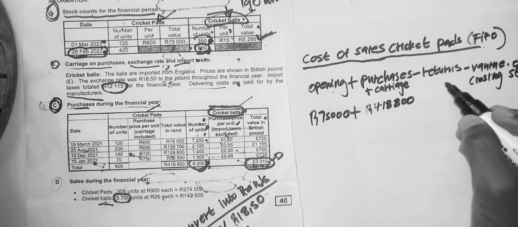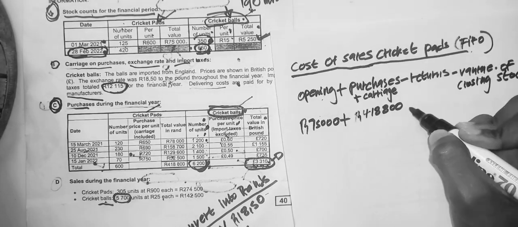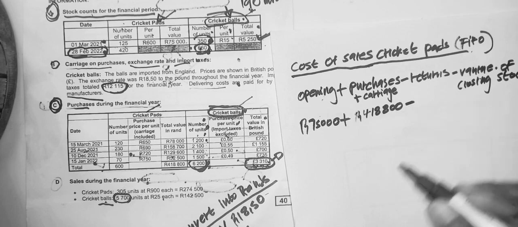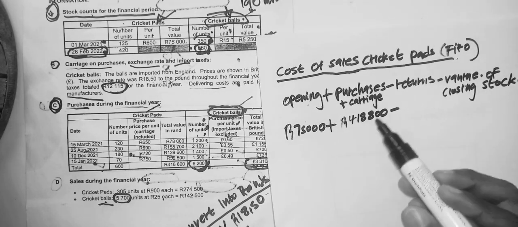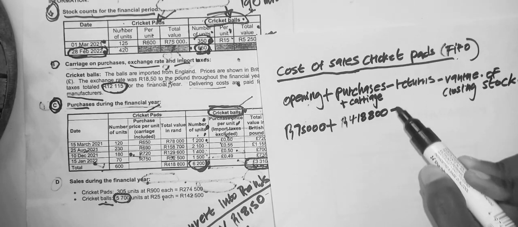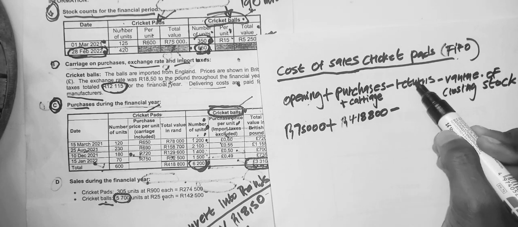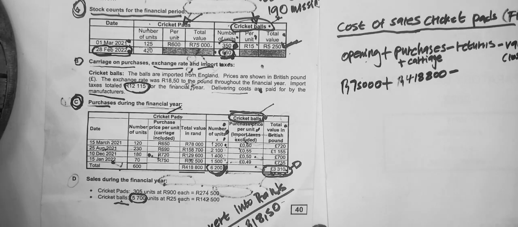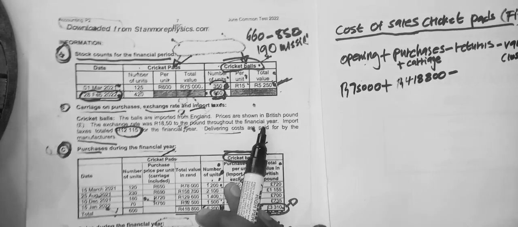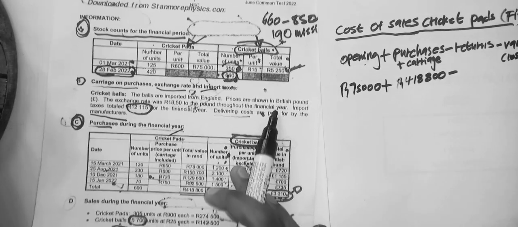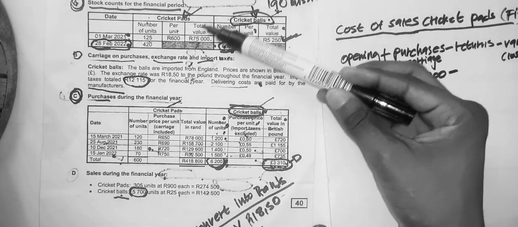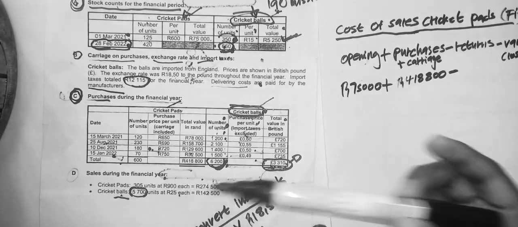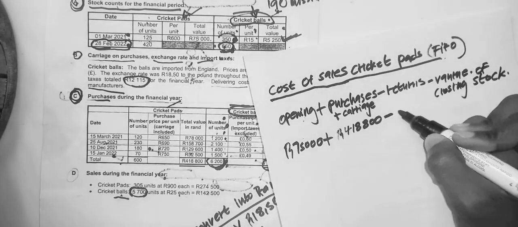Then we move, the formula says minus returns. We follow the formula for cost of sales, and you have to know it by mind, guys. So the formula for cost of sales now says minus returns. So let's check, do we have any returns on this example? Any information that talks about returns? From the top of the page there is nothing. Then we go down, there is nothing about returns here, which means it will be 0.